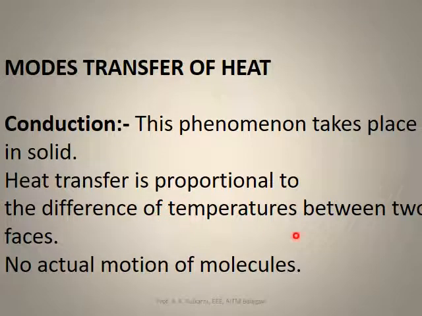There will be no actual motion of the molecules in the case of solid materials with the help of this conduction mode. Now let us see another mode of heat transfer.